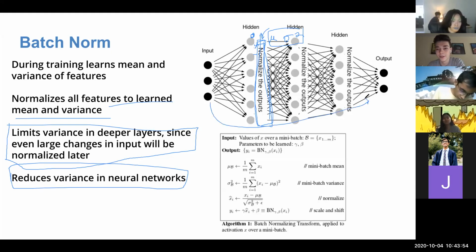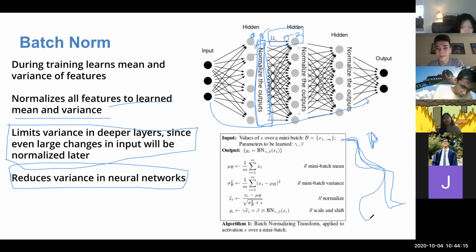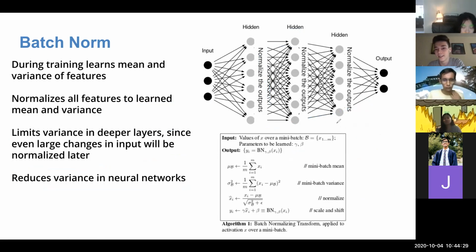Reducing this variance in neural networks means you're not going to have a super squiggly decision boundary, because a lot of the time you get a squiggly decision boundary by having really high values in your features. If you fit an x to the 7 polynomial, this x to the 7 value is going to be really large, and there might be x to the 6 and x to the 5 values that are also really large, and those large values allow you to fit an overfitted line.